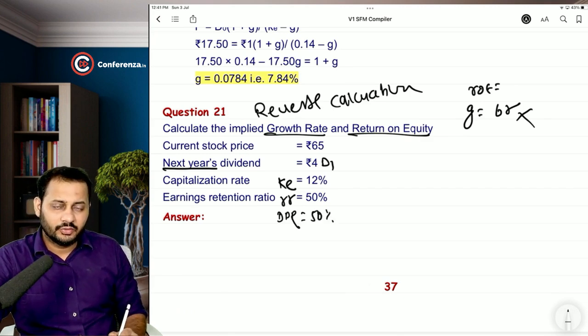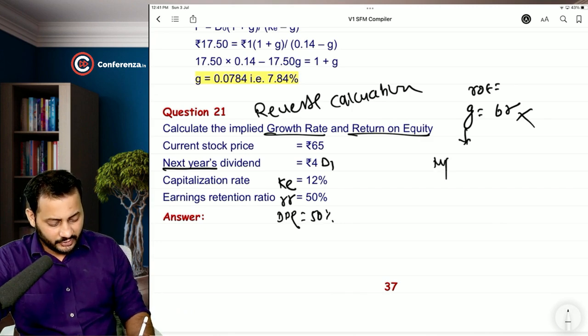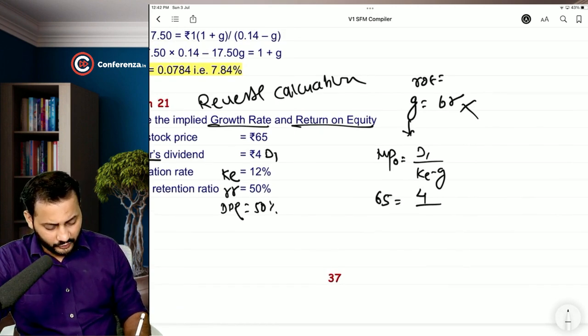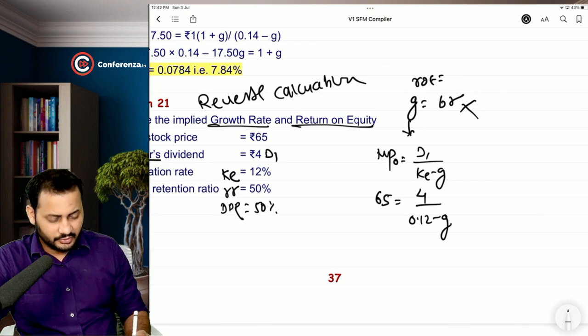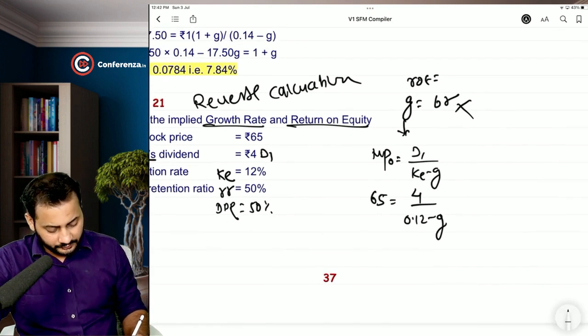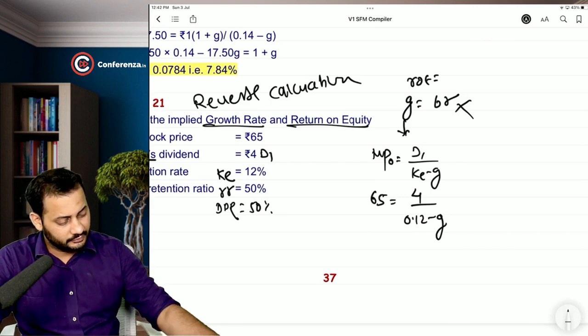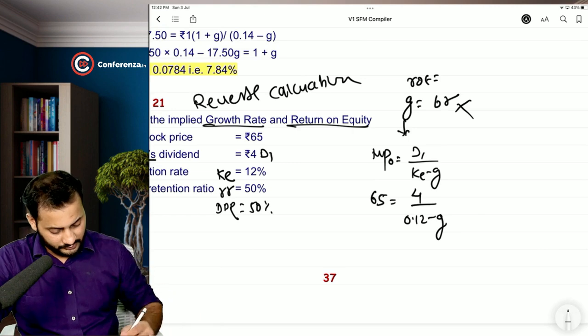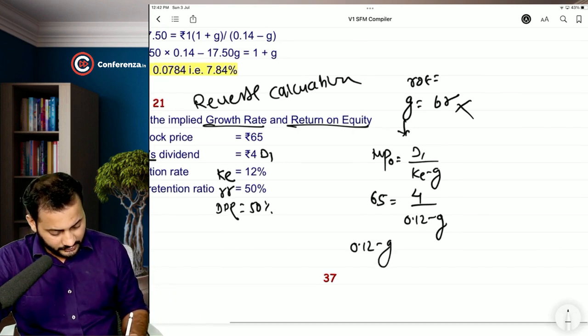So can we calculate the growth rate? Yes, sir. Growth rate can be calculated with this formula. MP0 is equal to D1 divided by cost of equity minus growth. It's very simple. Put down the values: 65, 4, 12, growth. See, nothing else is there apart from growth, which is not known. So if you reverse the formula, it will look like this: 4 divided by 65 is equal to 0.12 minus growth.